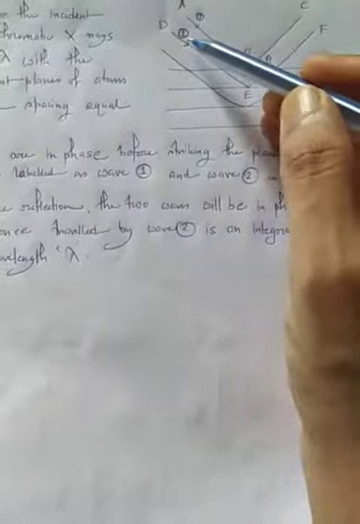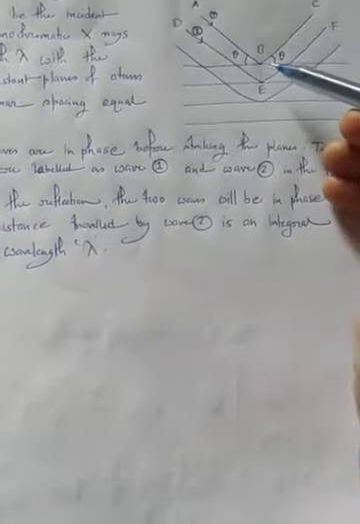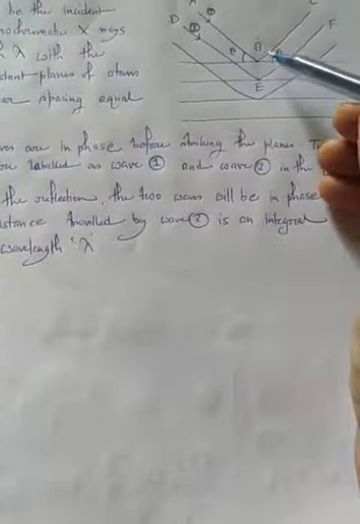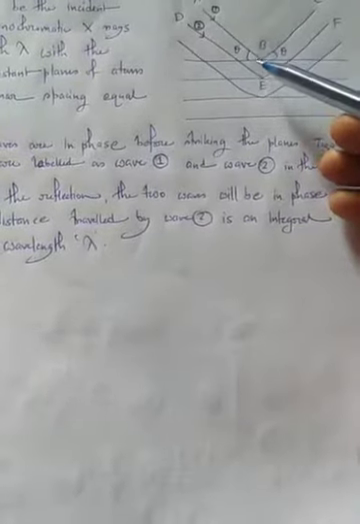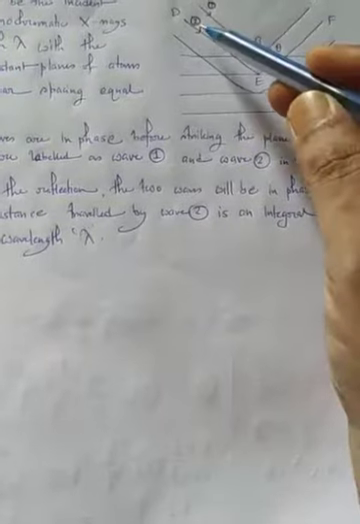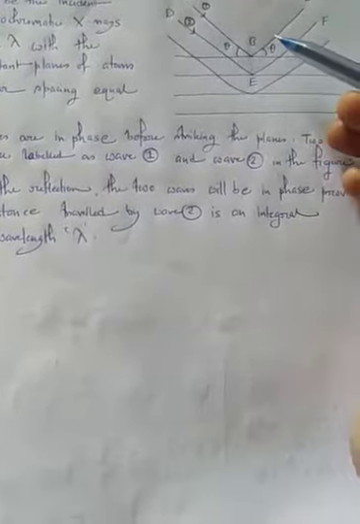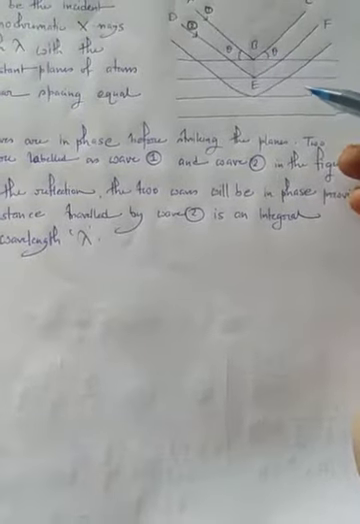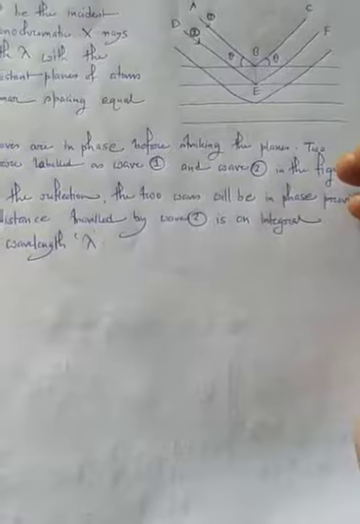It is very clear from this diagram that wave 2, which is represented as DEF, has to travel a little bit of extra distance compared to wave number 1. So it will be in phase if the extra distance traveled by wave number 2 is the integral multiple of the wavelength of that particular monochromatic rays.